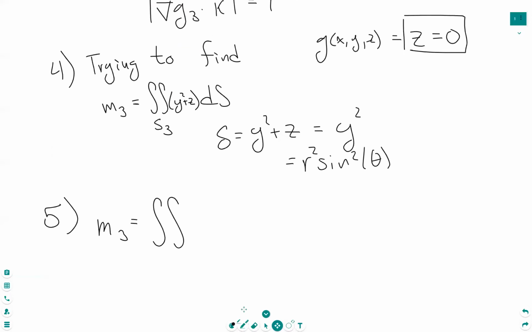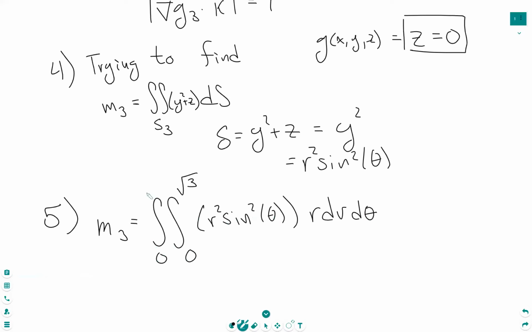So it looks like the conversion is just 1 to dA. We're actually going to do this in polar coordinates. So we're going to do an r squared sine squared of theta r dr d theta. Our r goes from 0 to root 3, and theta goes from 0 to 2 pi.